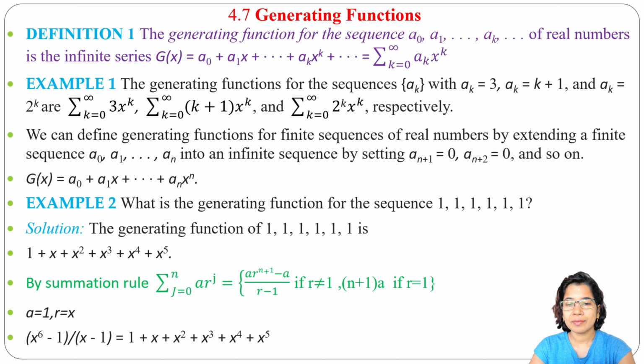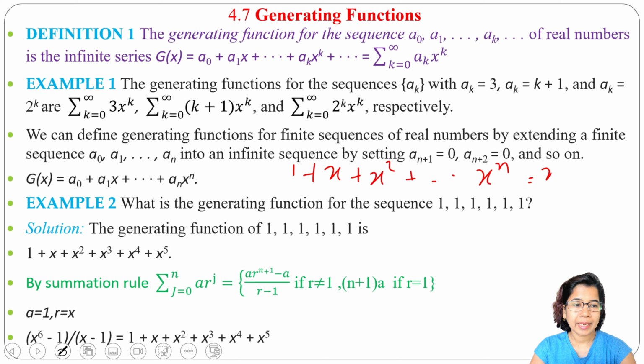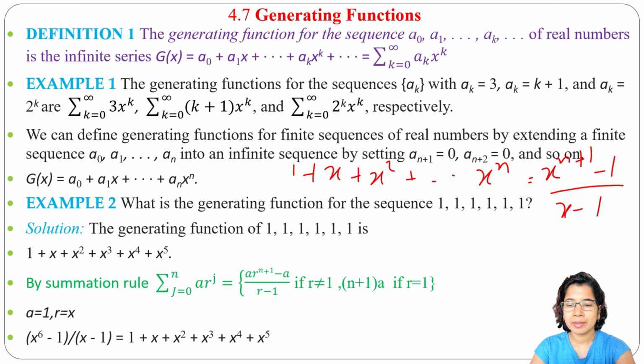So if there is a sequence like 1 plus x plus x^2 till x^n, then its value will be (x^(n+1) minus 1) divided by (x minus 1). Here it is till 5, that's why (x^6 minus 1) divided by (x minus 1). Simply we are using the geometric progression summation formula.